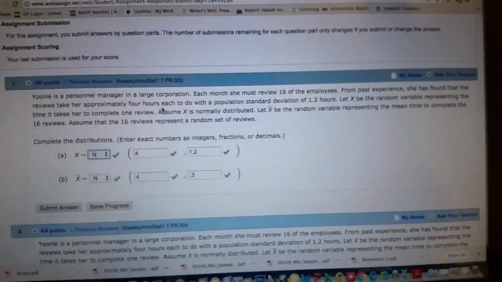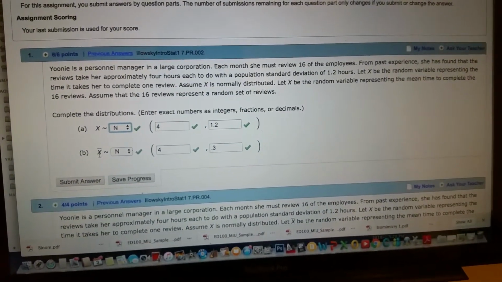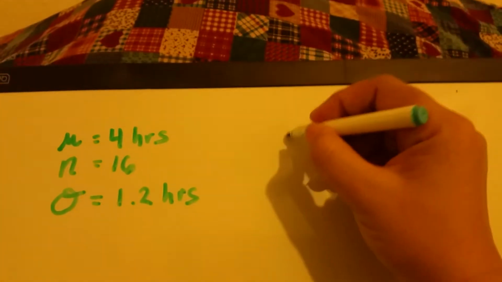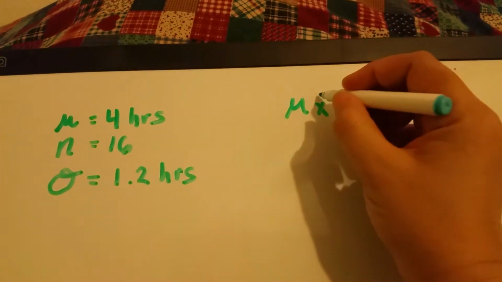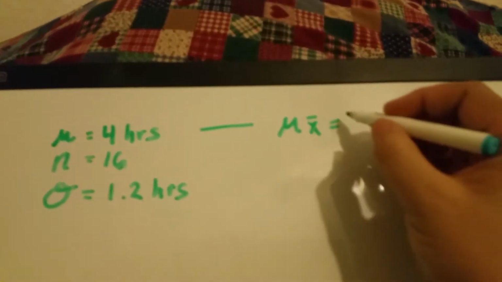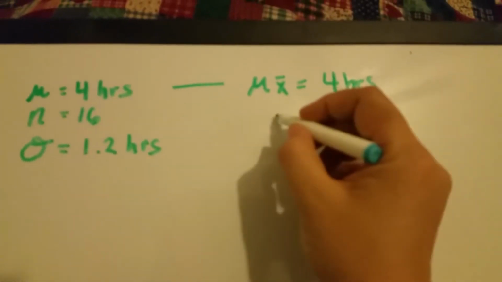Okay, now for this one, for the sample, we're using this one here. How would that be normally distributed? Okay, so what would the mean of x bar be? We know that that's exactly the same. That doesn't change. So we know that's 4 hours.